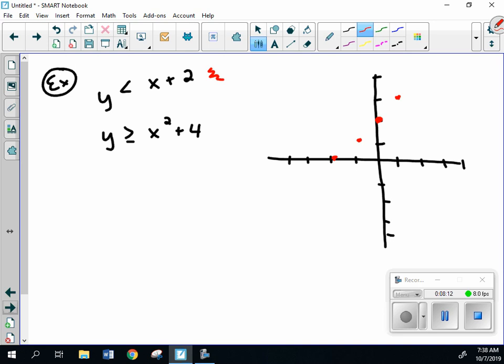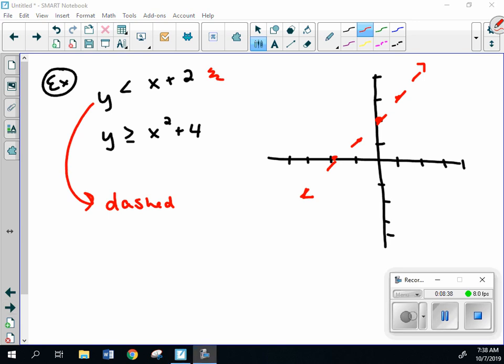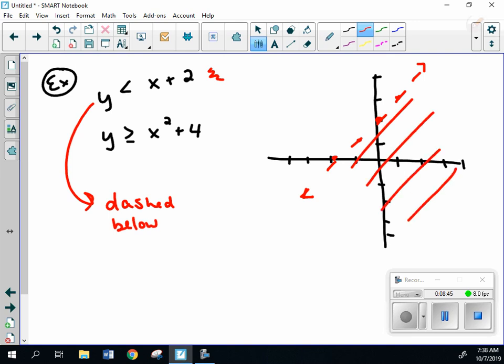This is going to be a dashed line, and we are going to shade. It's not eating the y, so we are going to shade below. So I'd shade that below.